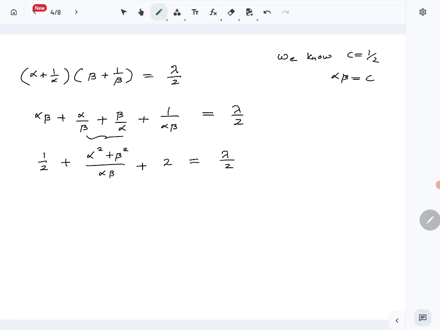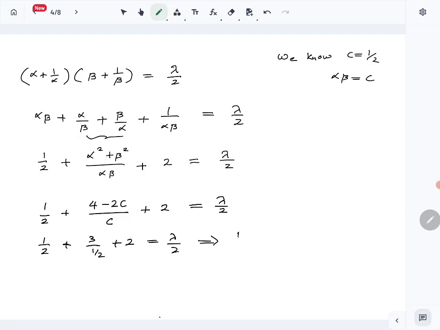So we have alpha beta plus alpha squared plus beta squared over alpha beta: half plus 4 minus 2c over c plus 2 equals lambda over 2. Now let's apply c equals half and get the answer. Half plus 3 over half plus 2 equals lambda over 2.